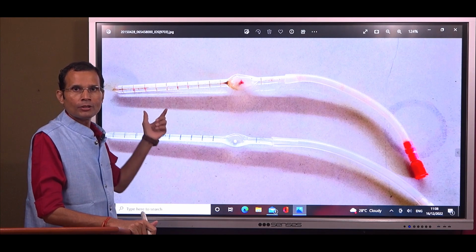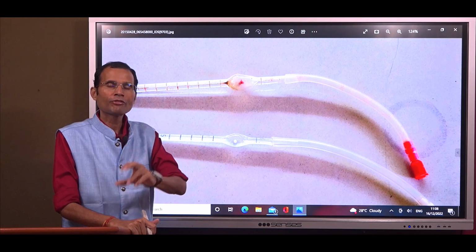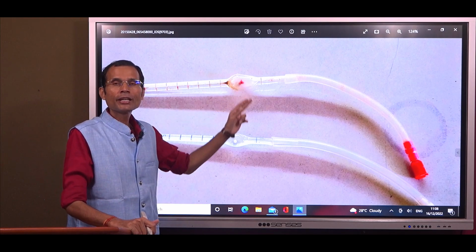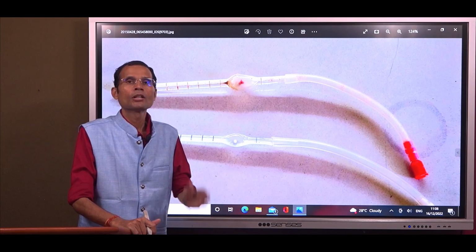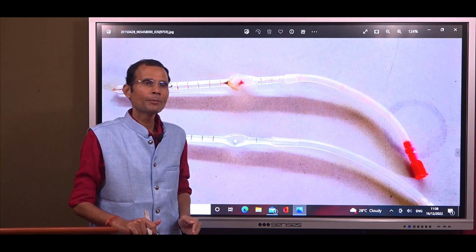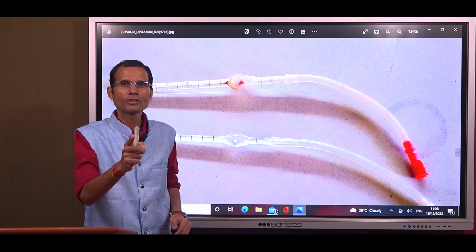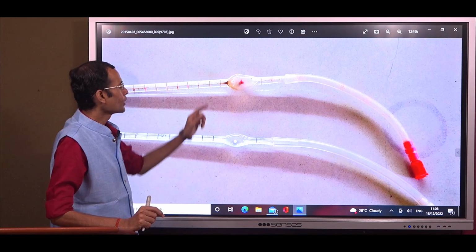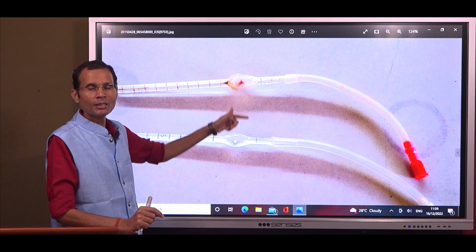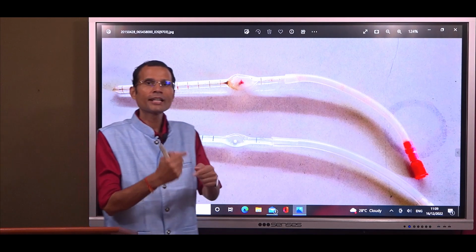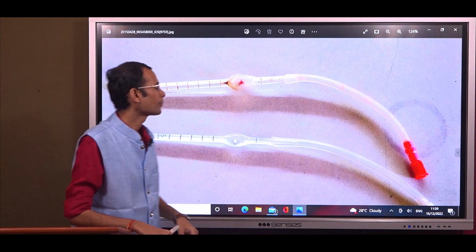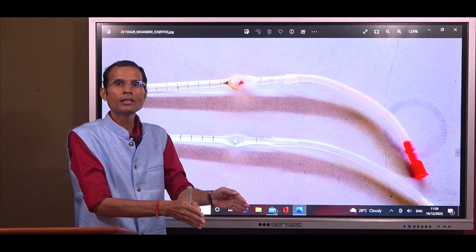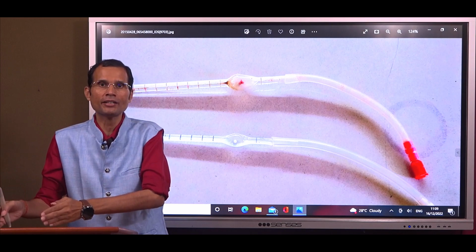0.5 parts of blood were taken and diluted inside the bulb. What was the capacity of the bulb in the case of the RBC pipette? Come on, capacity of the bulb? 100, yes. So when you have a mixture inside the bulb where blood is getting mixed and diluted, it means 0.5 parts of blood were diluted to 100.